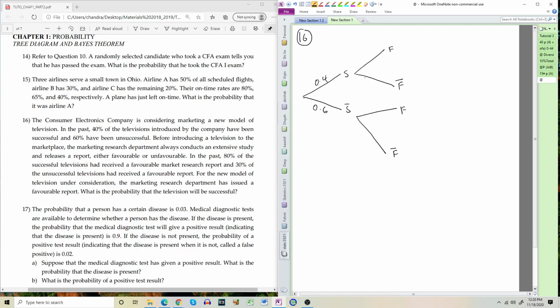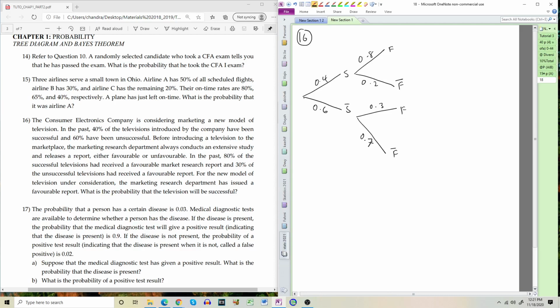In the past, 80 percent of the successful televisions have received a favorable report. So this is 0.8, this is 0.2, and 30 percent of the unsuccessful televisions received a favorable report, so this is 0.3, and 0.7 unfavorable.